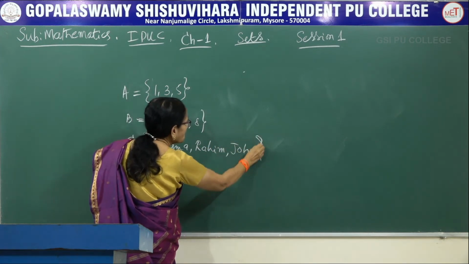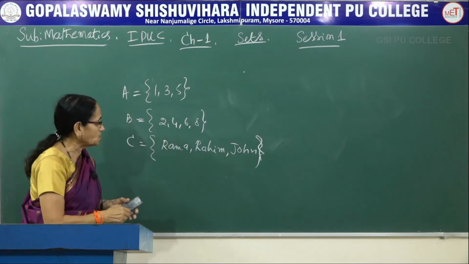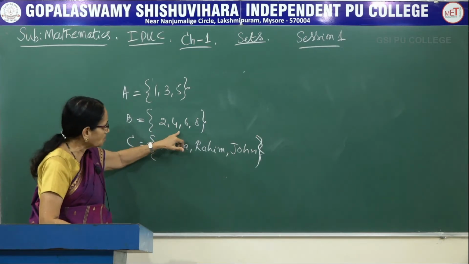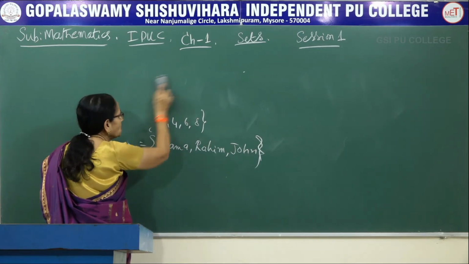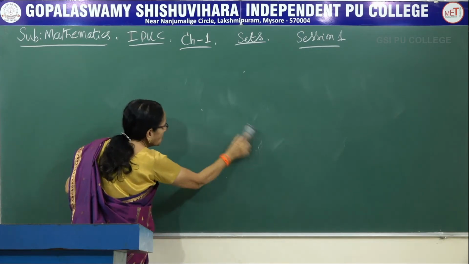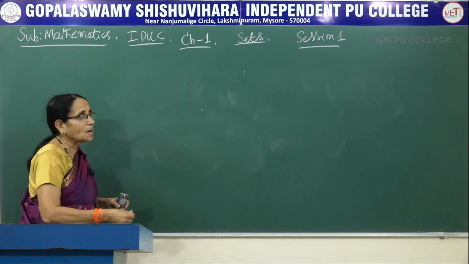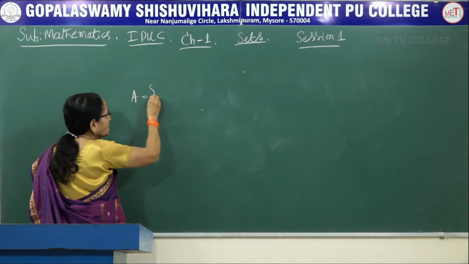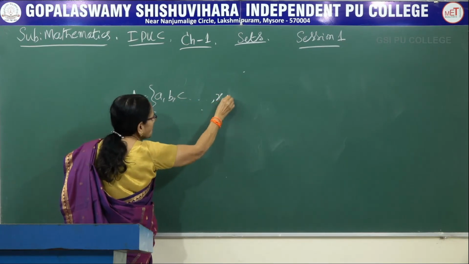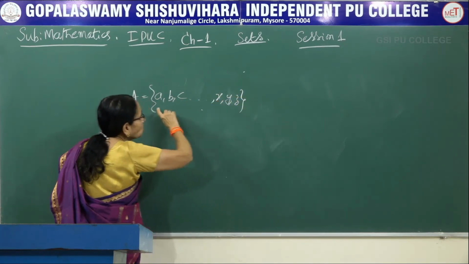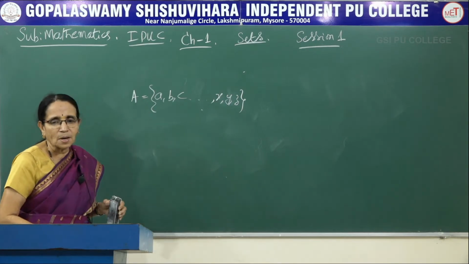So it is containing the names of the students, names of the persons. Like this, we have to use the capital letter to denote a set and small letters to denote the elements, or in general I can write A, B, C, etc., X, Y, Z. Here you have to use only the small letters for the members.